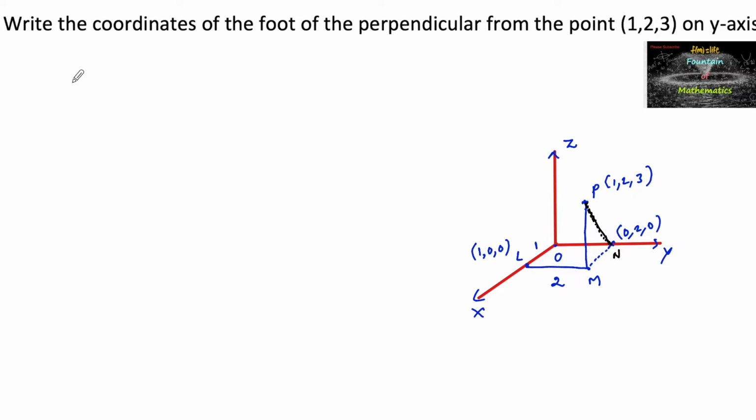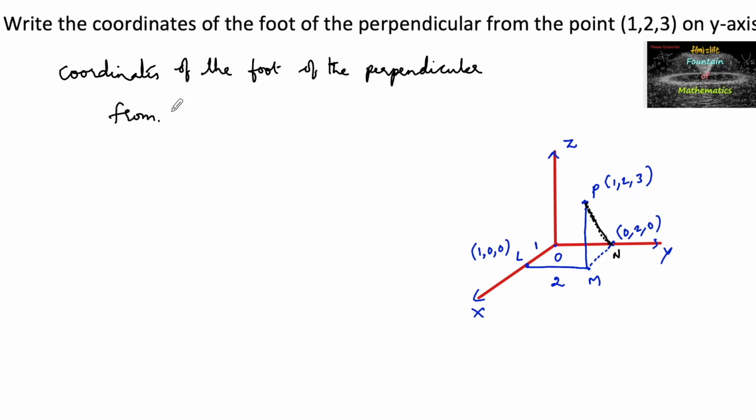Generally we can write coordinates of the foot of the perpendicular from point x, y, z on y-axis is 0, y, 0.